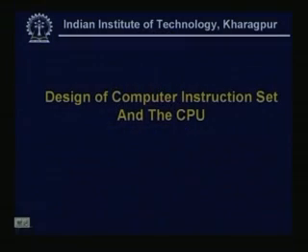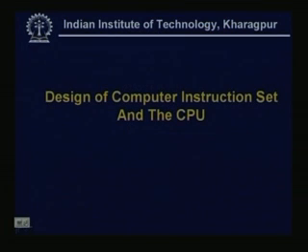We are reading the design of computer instruction set and the CPU. In the last class, we have seen how the computer instruction set can be designed, and the reduced instruction set machines, the current state of the art; actually all the machines nowadays are reduced instruction set.